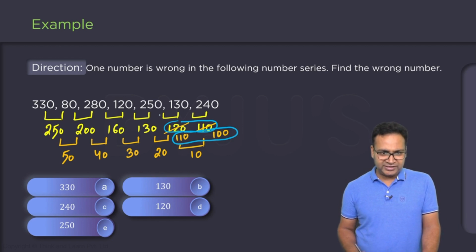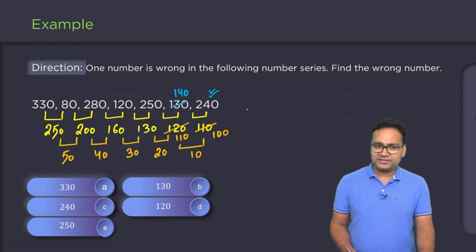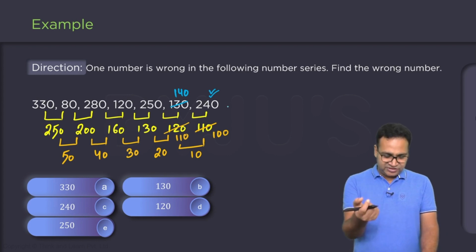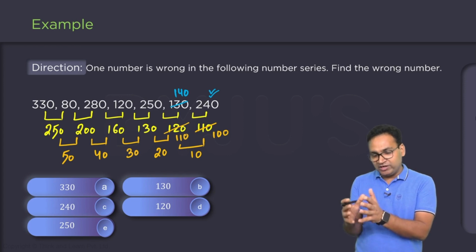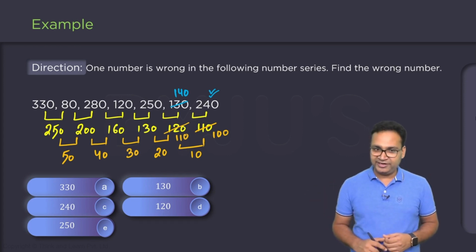So if you look at this, 250 minus 110, it is 140. And 140 minus 100, yes, everything is fine. All of you clear with this? That means if I just replace 130 with 140, everything else will follow a particular trend.